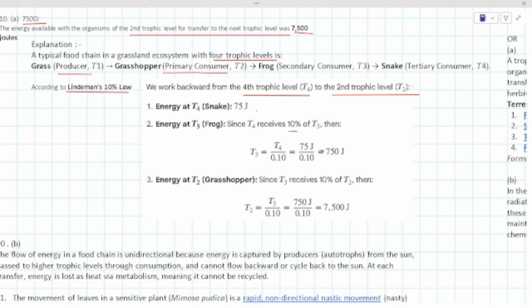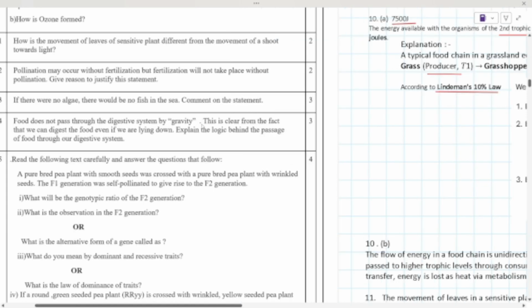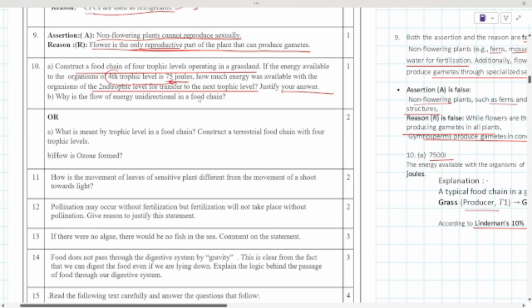After that, the energy for the grasshopper will again increase, so we just multiply by 10. So it will be 7500. Is it clear? Any doubt?